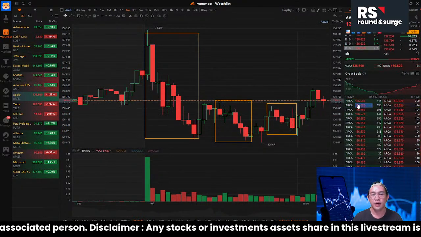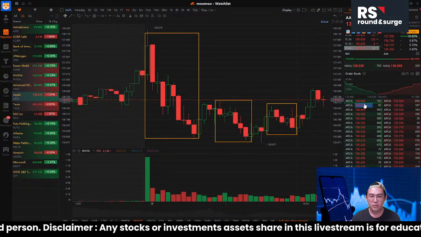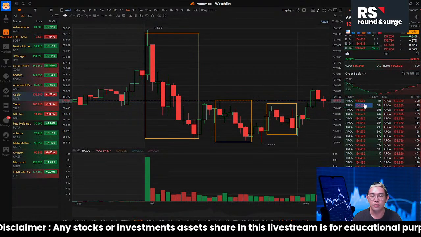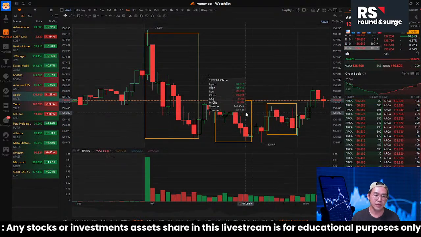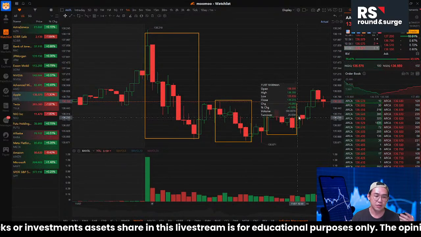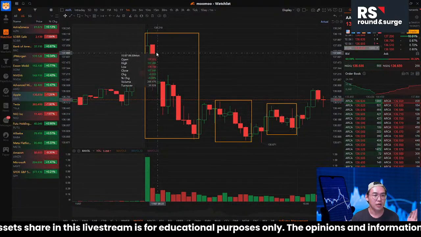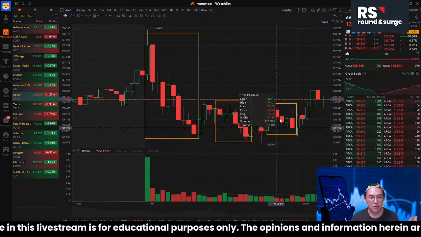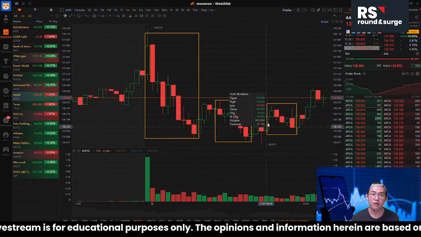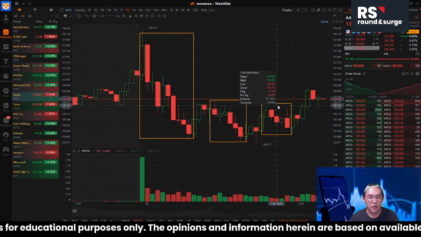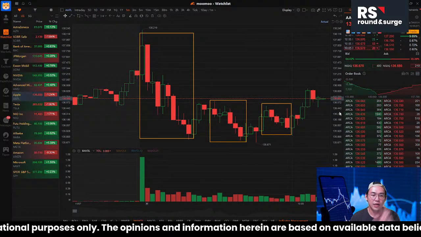Then entry wise, we use the same thing. The price closes higher than the previous candlestick high, and that's where we enter. And of course, we need to identify any of the price reversals.